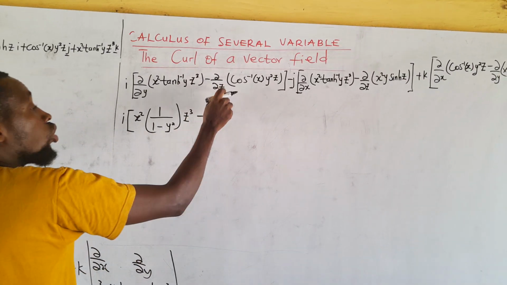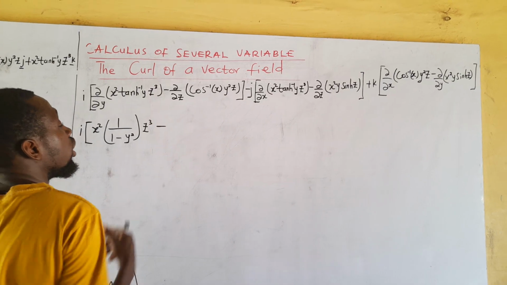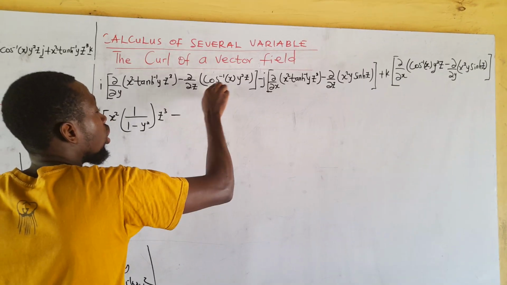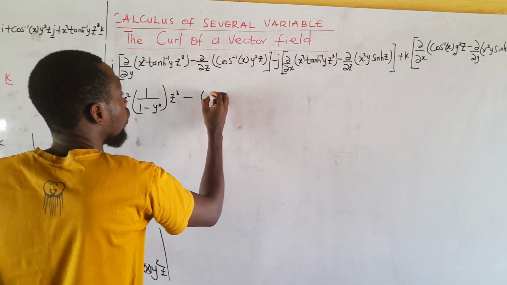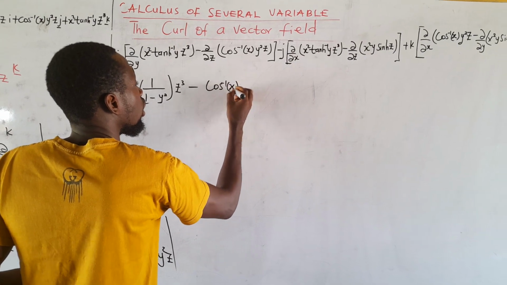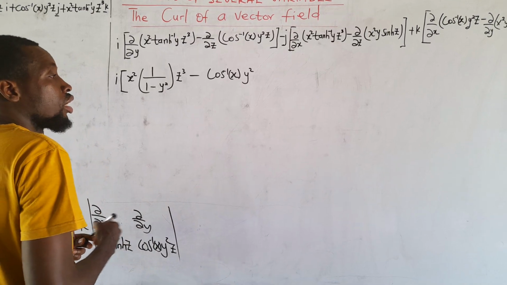Minus. We are going to perform partial differentiation of this function with respect to z. When we differentiate, the whole of this is constant. We differentiate that, it will just be the constant. We have cos inverse of x y squared. Please, the cos inverse is only affecting the x.